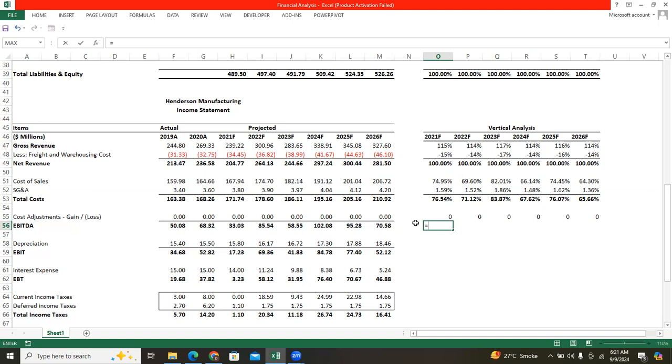You ought to see some further things. Here you've got an EBITDA analysis. By the way, it's just an EBITDA margin.